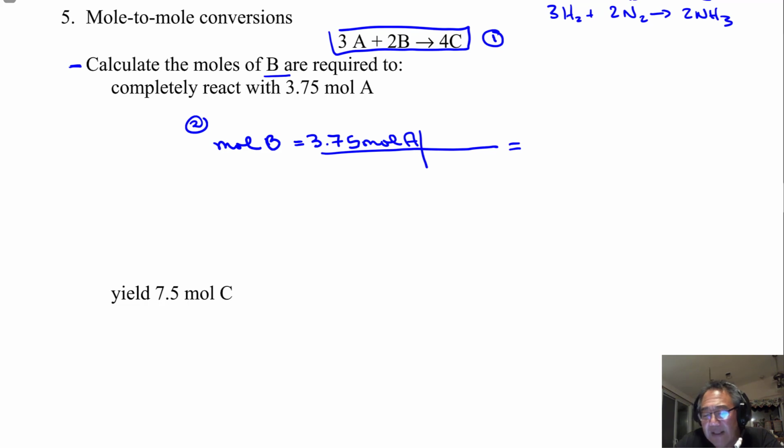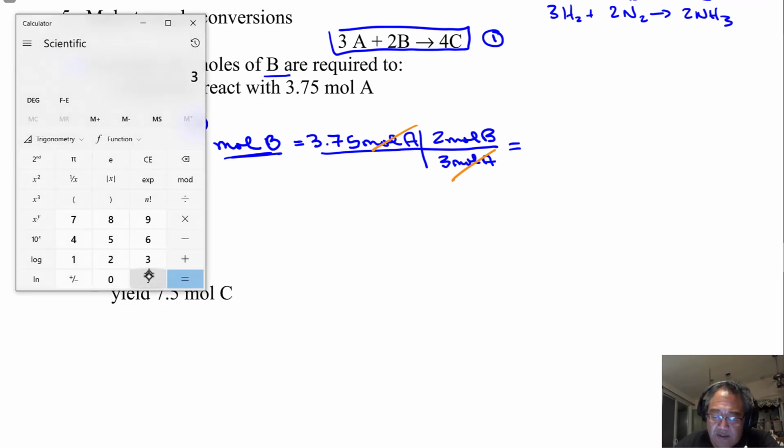So I want to get rid of A. So I have 3 moles of A for every 2 moles of B. So what I'm looking for has to end up at the top over here. So then the moles of A will cancel out. And then I can do my calculation. I'll just pull up a calculator real quick.